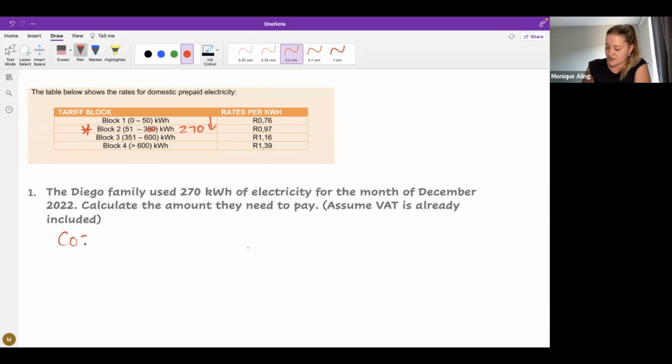So our cost will be in the first range, we're getting charged for the first 50 kilowatt hours, so 50 times that price, plus for our second bracket, we take our 270 minus the 50 we've just been charged for in the previous block, so we're left with 250.